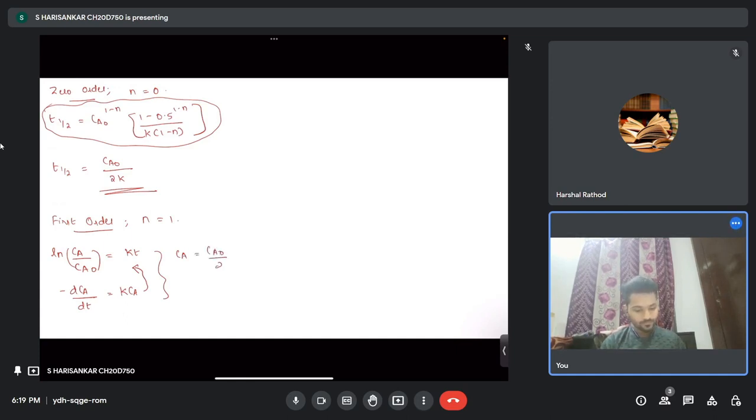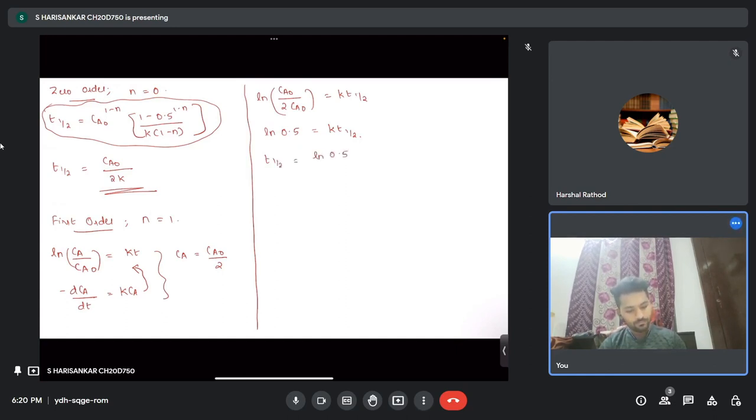That means this equation for first order will become ln of Ca0 by 2 over Ca0 is equal to kt, that means ln 0.5 is equal to k T half, because we are finding half-life. So T half for a first order will be ln 0.5 by k, and this is nothing but 0.693 by k. That is the T half for first order.